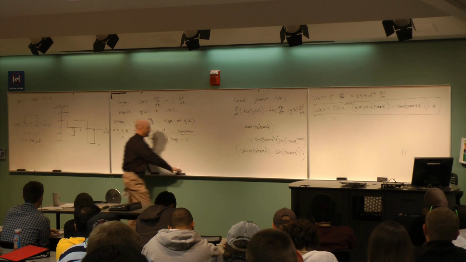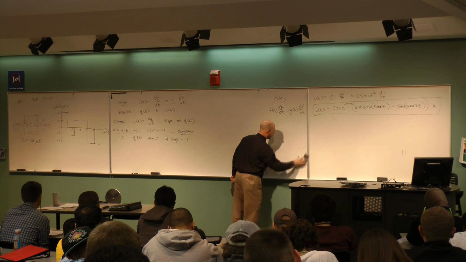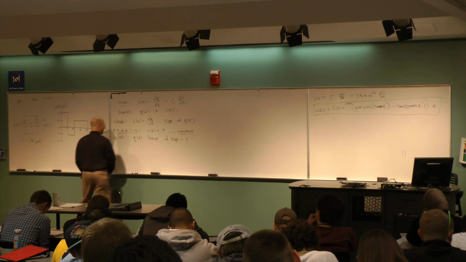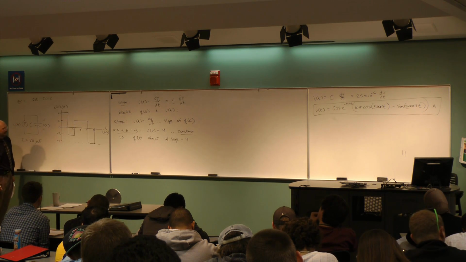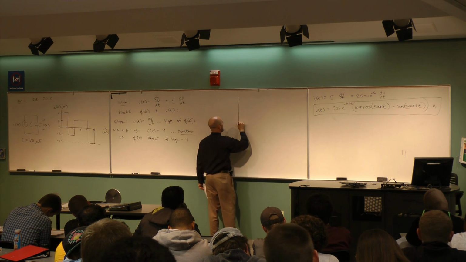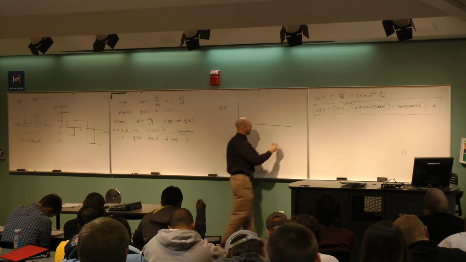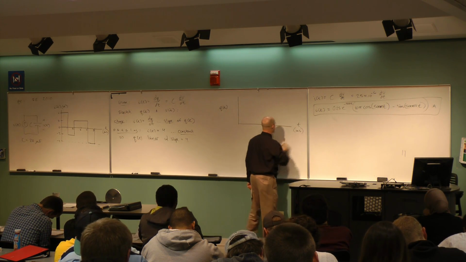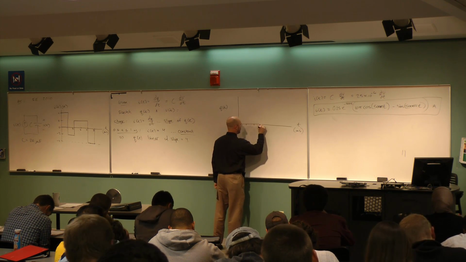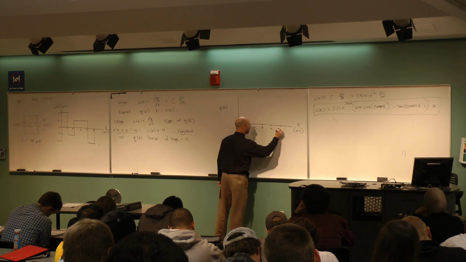If I think about what that plot would look like, assuming this thing is discharged at the beginning, it starts with a charge of 0. So I've got a starting point of 0 and a slope of 4, so can I get the end point? Sure. Here's q(t), and this is t in milliseconds. I've got to go out 5 milliseconds: 1, 2, 3, 4, 5.